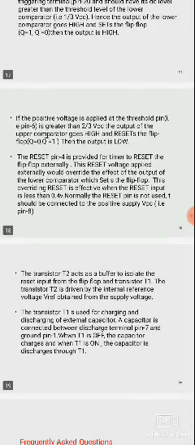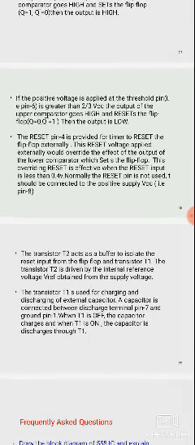The reset pin is provided for the timer to reset the flip-flop externally. The main aim of the reset pin is external resetting. The reset voltage is applied externally to override the effect of the output voltage of the lower comparator, which is also used for setting the flip-flop. The overriding reset is effective when the reset input is less than 0.4 volts.